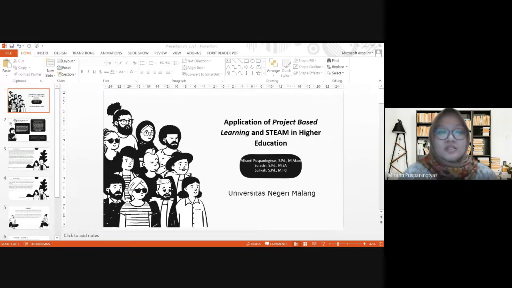In the start stage, with the essential question, students are given problems related to the material analysis of cost behavior in SMEs.